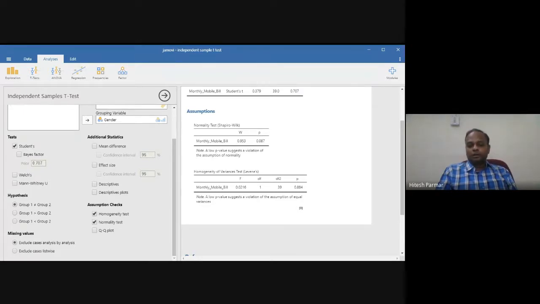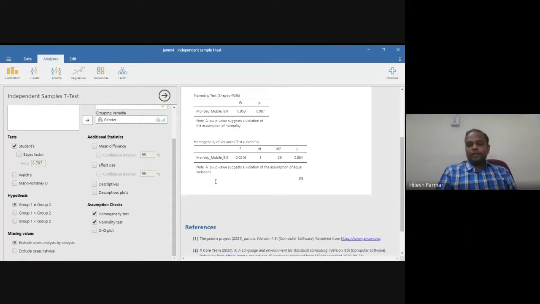Yes. Okay. The second assumption is homogeneity of the variance, this one. Now here, please write down, there is no significant difference between the variability of the two groups.